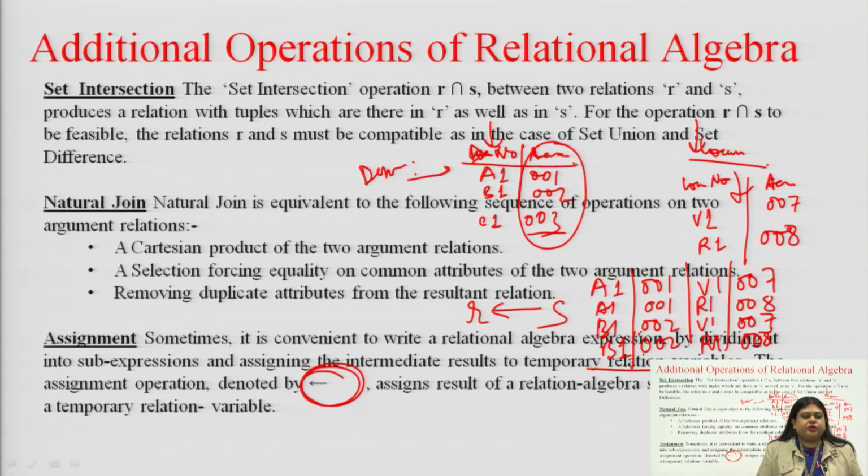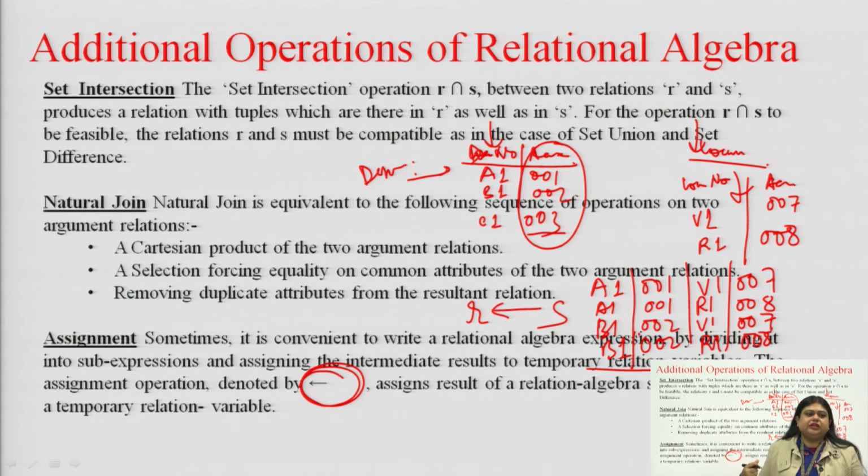A Cartesian product is very useful where we need to find, for example, a query like: find the customers who have an account in all the branches of a particular bank in Noida. In that case we need the Cartesian product.